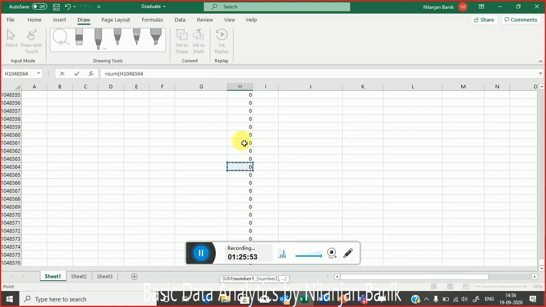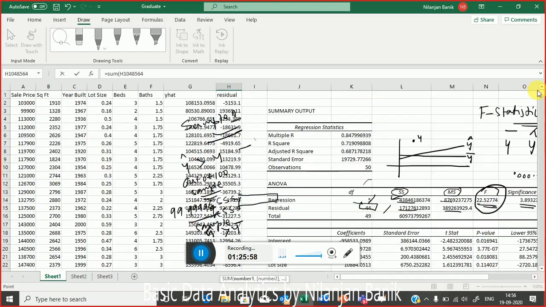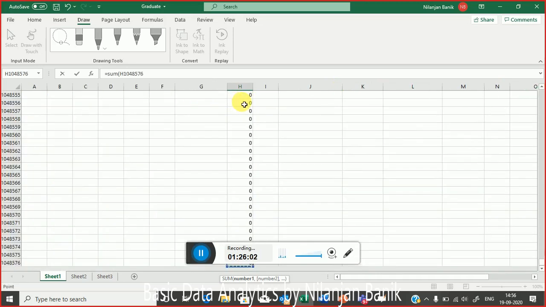If I take the sum, what should be the value of the error? It cannot be 0. करके देखिए क्या होता है.